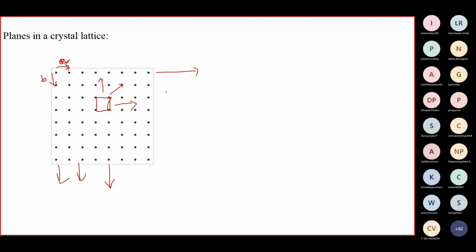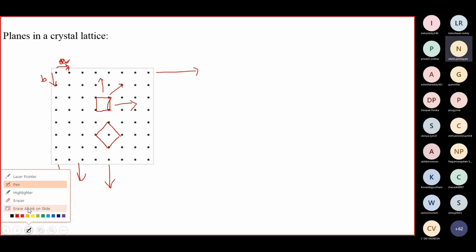You again get the same lattice. Is this lattice different? No, you will get the same lattice. You can also define another unit cell like this. Extend this also in 3 dimensions, you will get the same lattice. There is no difference.